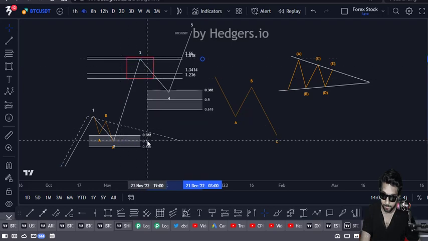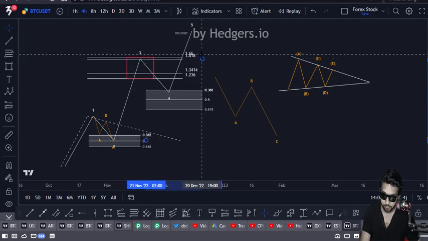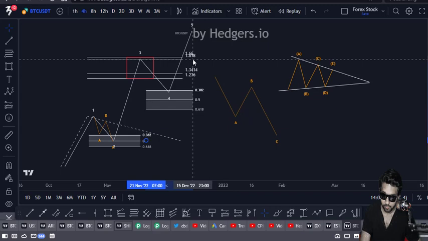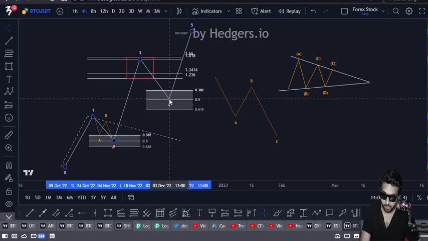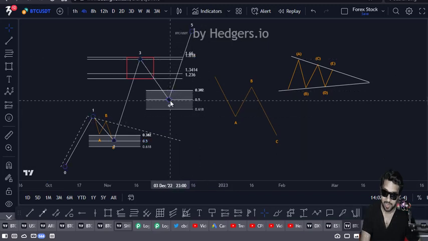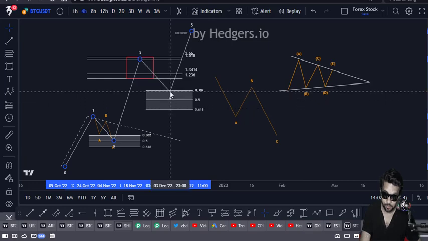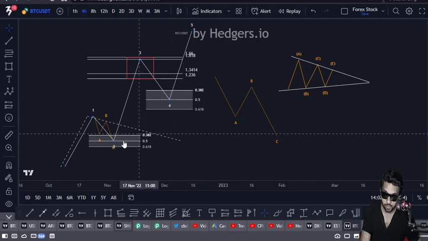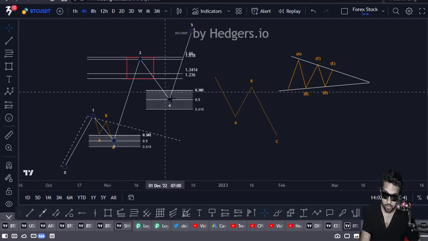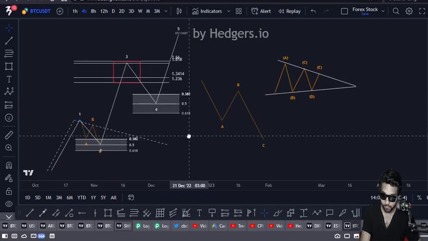Similarly, sometimes wave 4 can retrace back towards 0.618, but most of the time it reverses from 0.382. So I'm just gonna take 0.5 into consideration right now. That is the highest probability of reversal for wave 4.